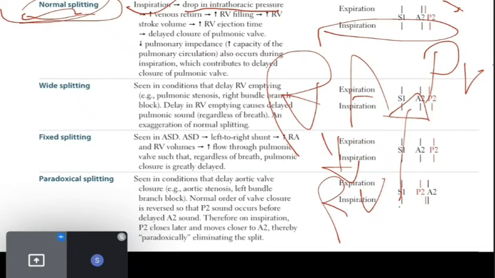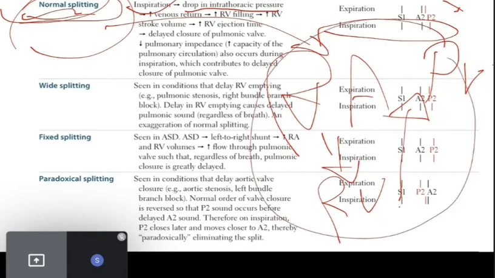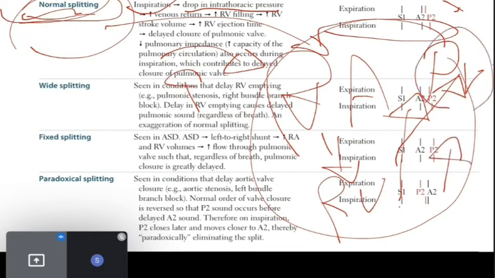In inspiration, when we take a breath in, the intrathoracic pressure decreases, the blood that comes to the right ventricle increases, the right atrium and right ventricle increase in volume, and the blood that goes out through the pulmonary valve increases in volume. Thus the closure of the pulmonary valve will be delayed.